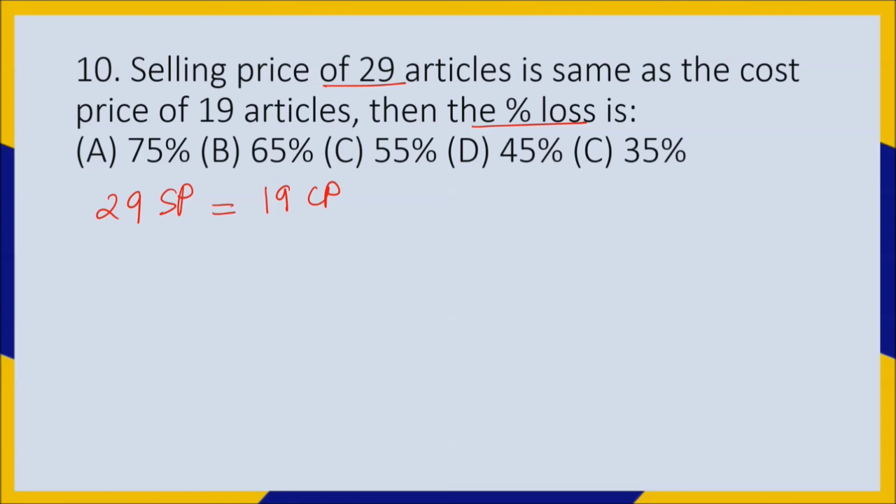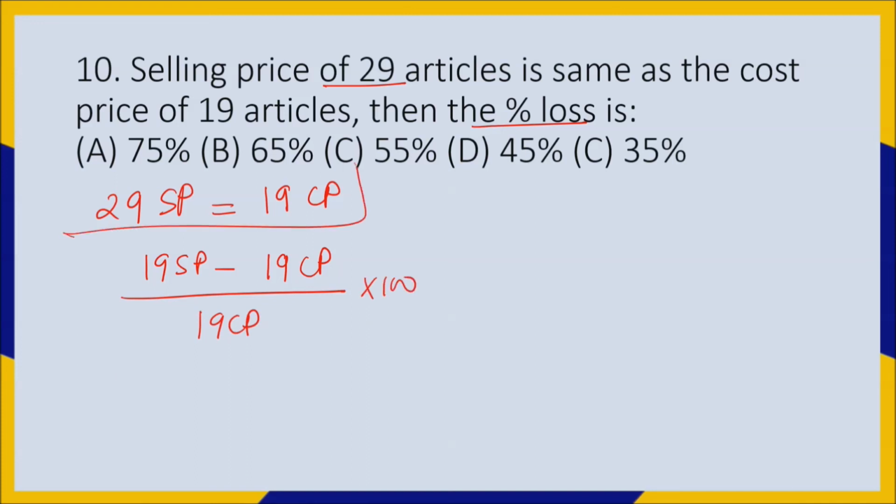कैसे होता है लॉस परसेंटेज, देखते हैं. 29 SP is equal to 19 CP, हमने बात करी थी. आप एक नंबर ले लीजिए, कोई भी नंबर होगा आपका चलेगा. Let me take 19. Let's say we purchase 19 items and we sold 19 items, ठीक है. So this is our profit or loss divided by 19 CP into 100. Now this is given data, हम इसमें से रिप्लेस करेंगे क्योंकि CP और SP अलग अलग नंबर है, ठीक है.